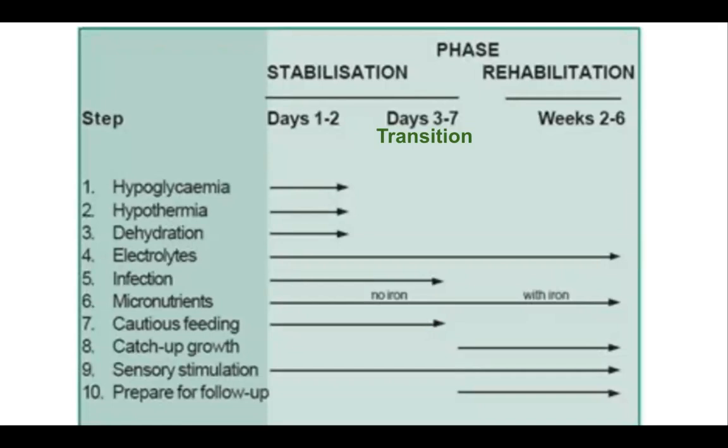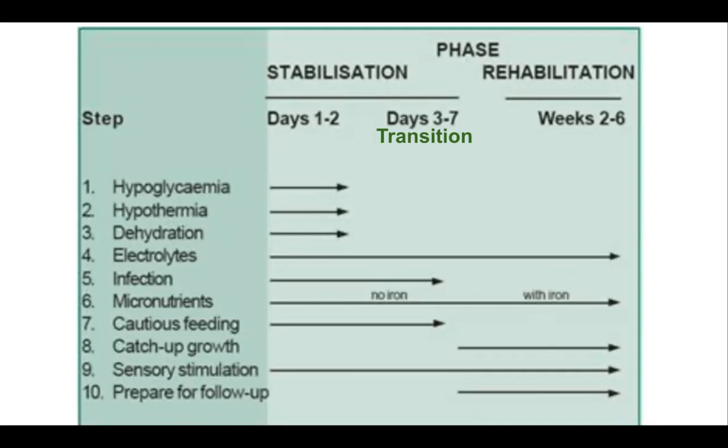So remember, in the first 2 days, we need to screen for hypoglycemia and test for sugar, and then keep the patient warm to prevent hypothermia and rehydration. Of course, we also need to continue with other treatment for electrolytes, and then infection, micronutrients, cautious feeding in the first week.